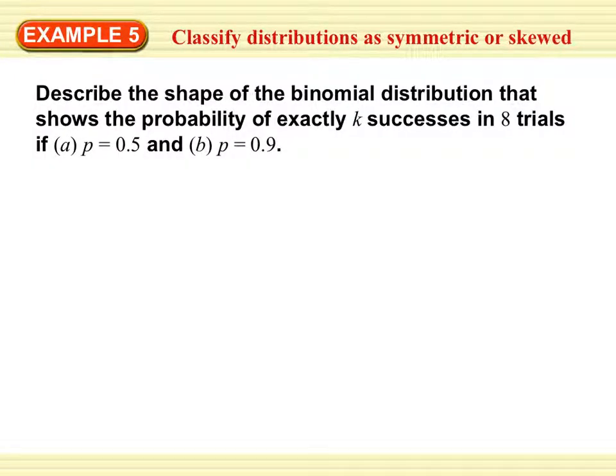Describe the shape of the binomial distribution that shows the probability of exactly k successes in 8 trials if p equals 0.5 or p equals 0.9. Sorry. I've got 8 trials.